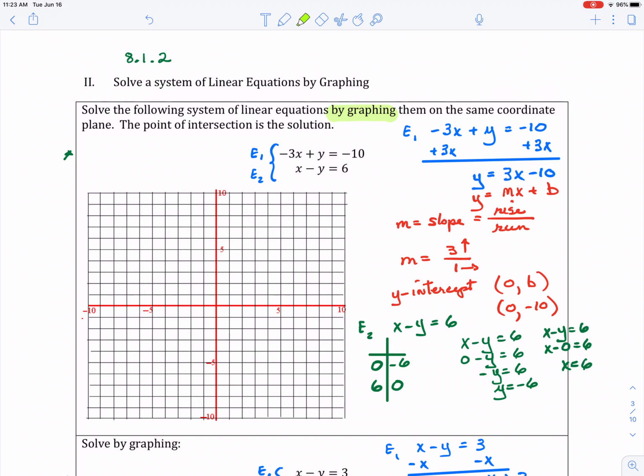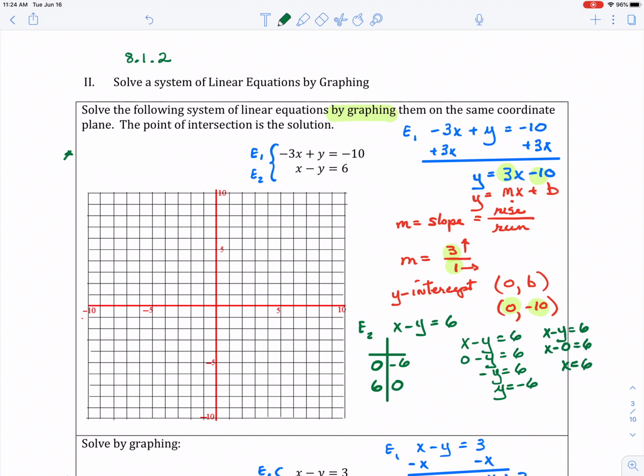Chapter 4. All right, so I took it, solved it explicitly for y, and now I can tell you that the slope of the line is 3, and I can tell you that the y-intercept is at -10, and you see that information here and here. So let's go over here and plot the graph of this first line.